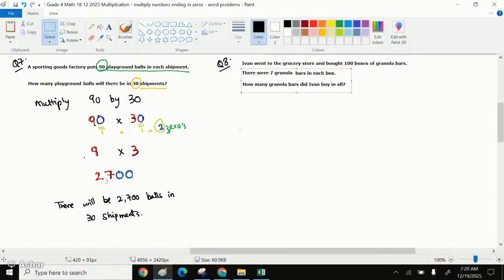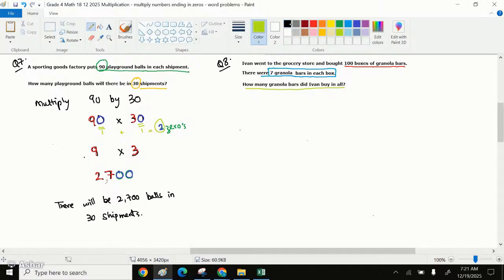Okay. So let's underline the important things. Ivan went to the grocery store and bought 100 boxes of the bars, right? There were 7 granola bars in each box. The question says, how many did he buy in total altogether?